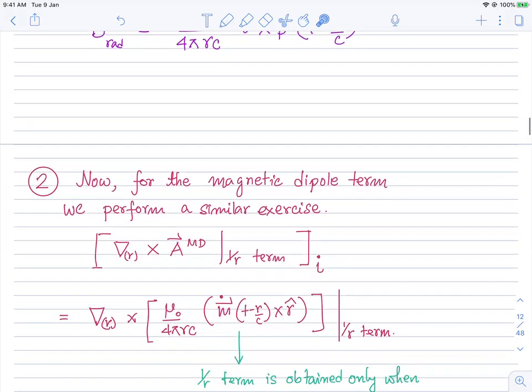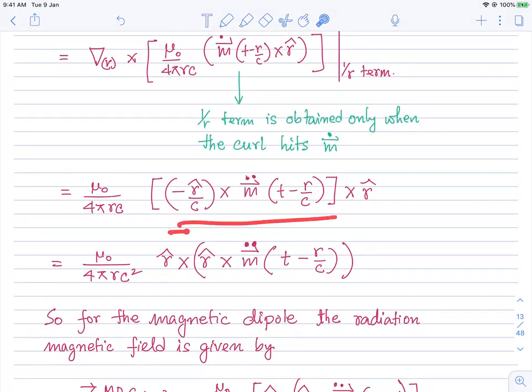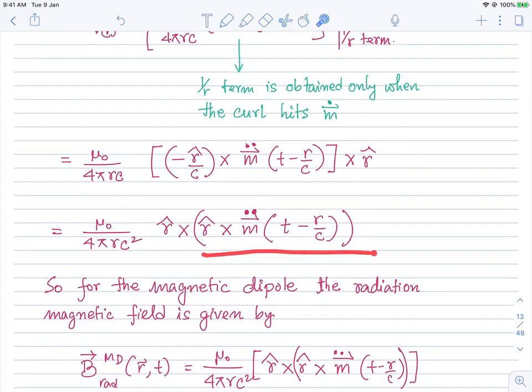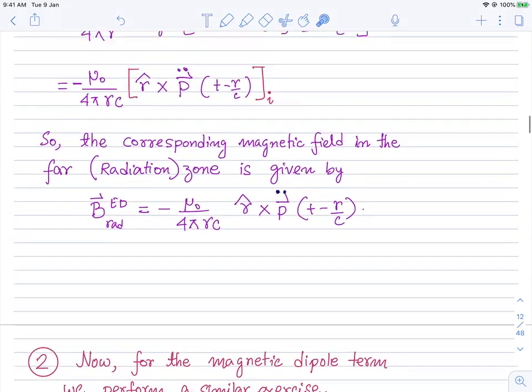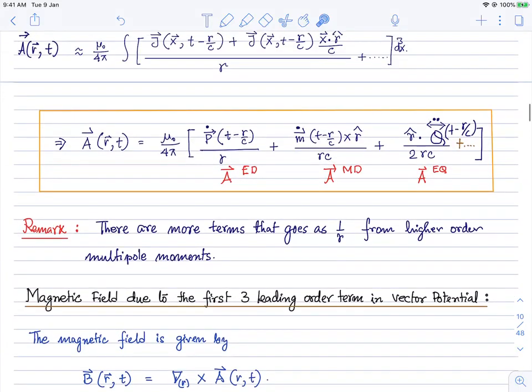Very good. Now you can apply the same mnemonic for the magnetic dipole as well. If we go back to the expression for this term, this was already r cross m dot.